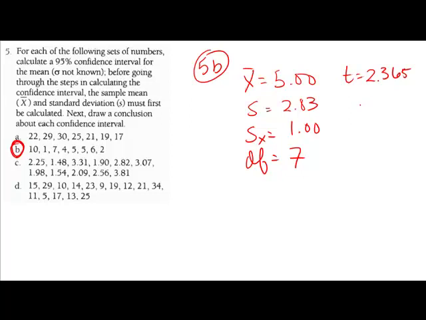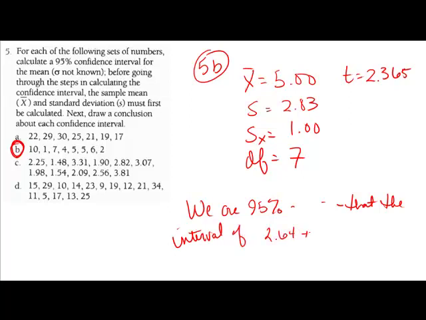The confidence interval is, we are 95% confident that the interval of 2.64 to 7.37 contains the population mean.